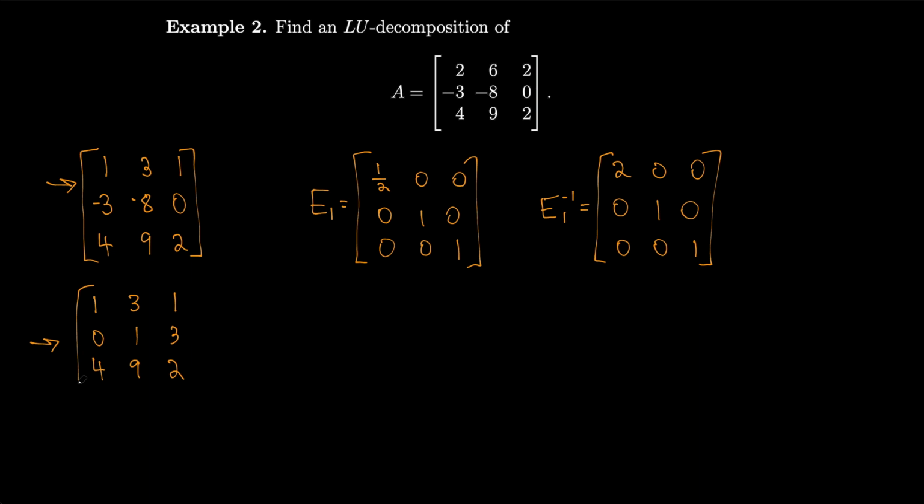So that means that my elementary matrix that does that should be, well, the same for the top row. I didn't modify that. I'm just taking 3 and adding it. So I'll just have a 3 over here.